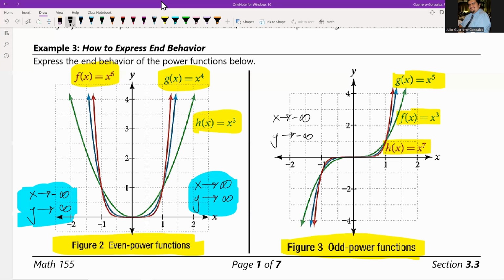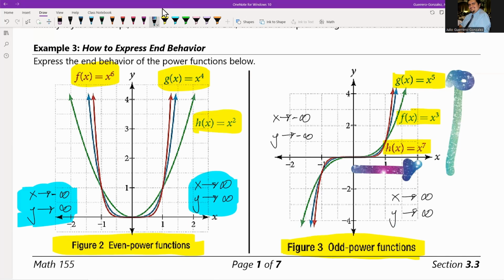Likewise, let's go that way on the x-axis. So as x approaches positive infinity, my y's approach infinity. And hopefully you see this, that as I go this way on my x, my y values shoot upward.